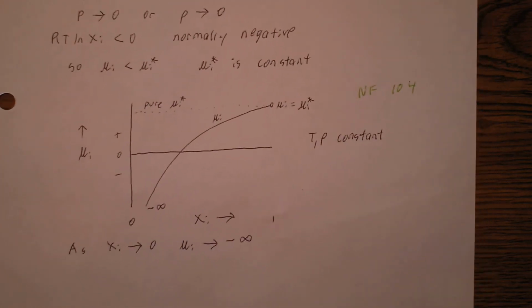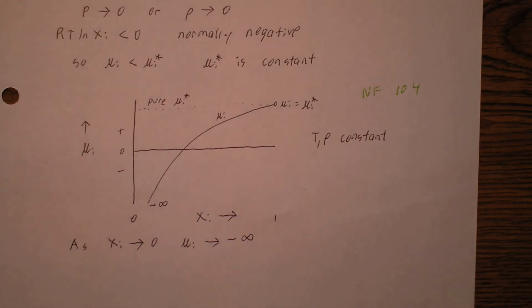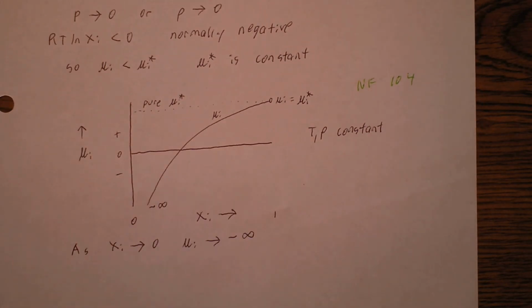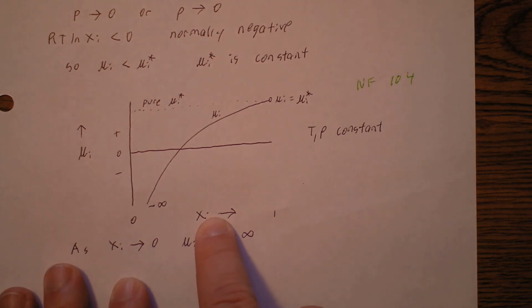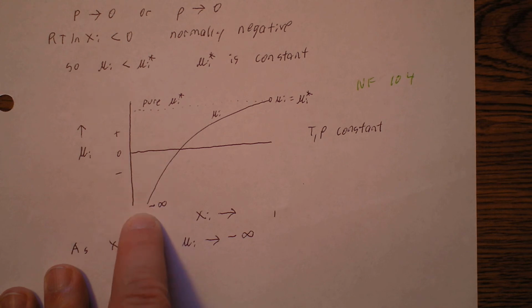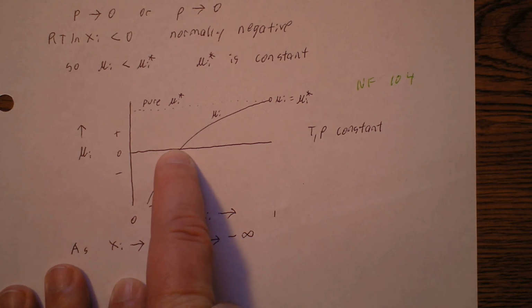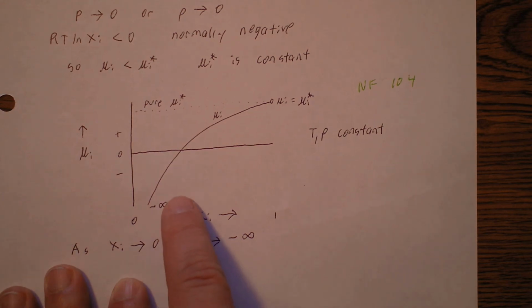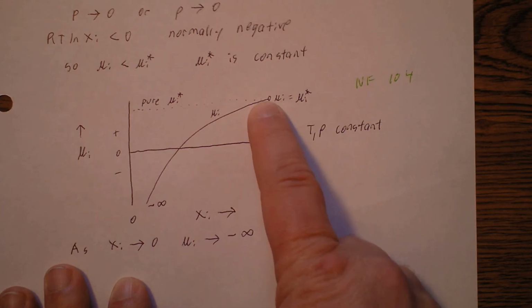That's given for any material. So here's a graph showing what is going on. Here's the chemical potential of substance i, which can be positive, negative, or zero, and here's the mole fraction. At a really low mole fraction, we get a negative potential. At higher and higher mole fractions, eventually we're going to get up to the pure substance.